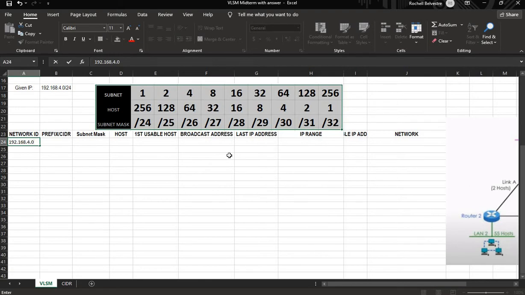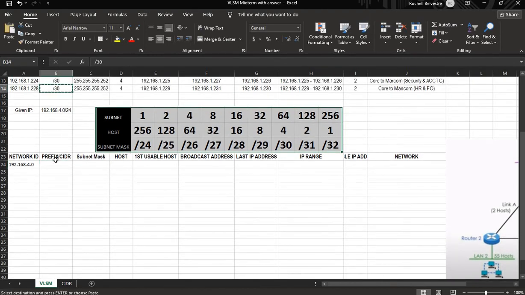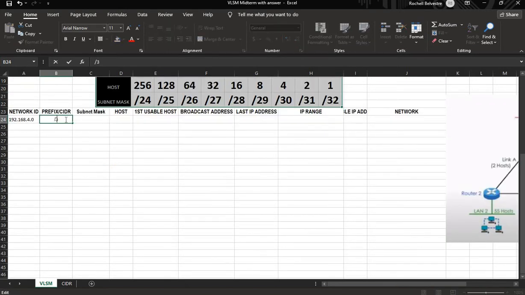So 55 hosts, based on our subnetting table, falls under the subnet mask /26, and hosts is 64, because 64 is greater than 55, which is our requirement. So /26.